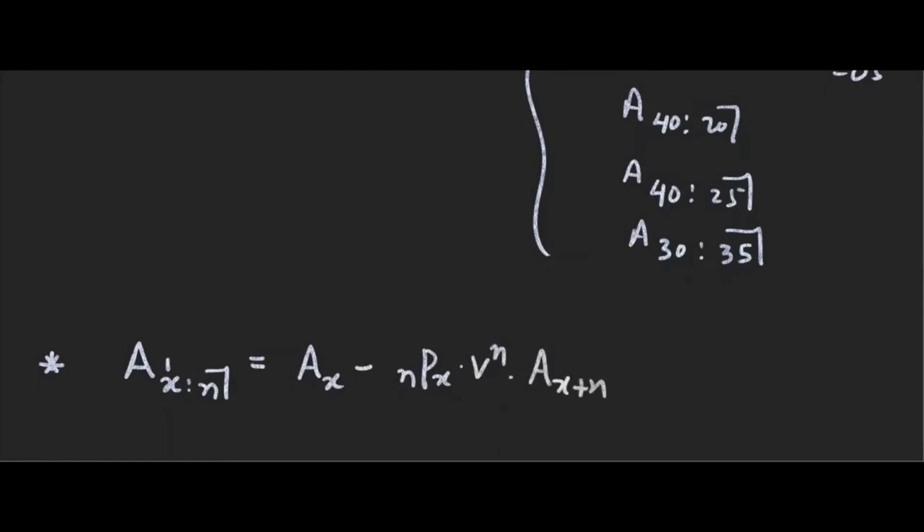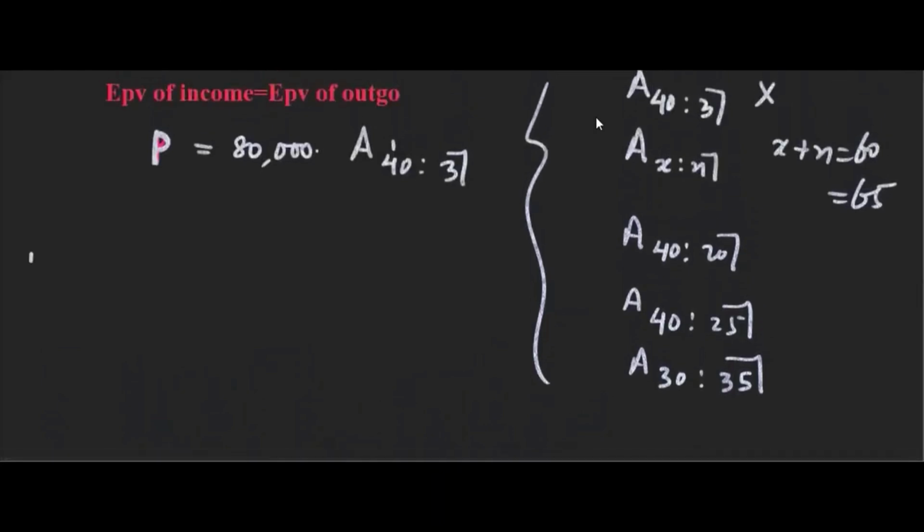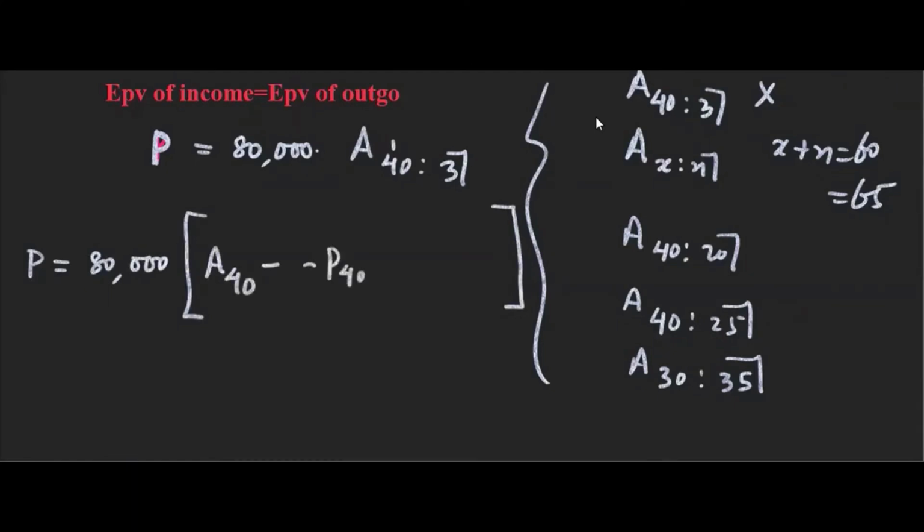Okay, this is the formula. So this formula you can use and you can find the value. Suppose here we have P equal to 80,000. Here you write A_x, that is A40, minus P_{x:n}, 43, v^3, A43.